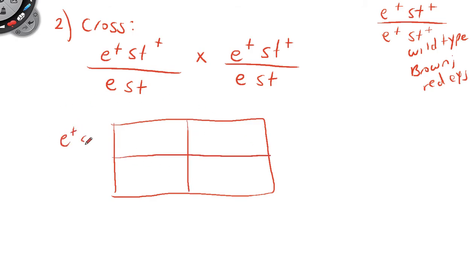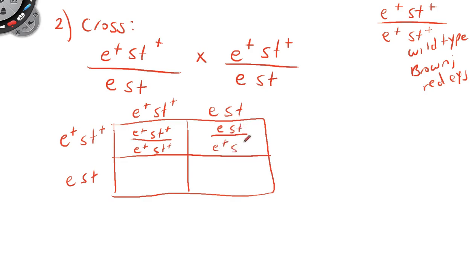So you have this here, this here, then this one is here, there. And then you're going to end up with, and I have to write smaller here, this, okay, homozygous. And then you're going to end up with this and this.